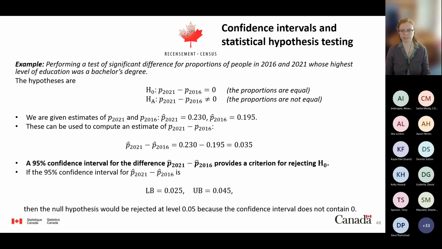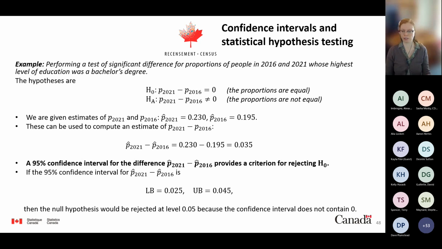So for this hypothesis test, we need to use a 95% confidence interval for the difference. So if we have this interval from the custom request and it has lower bound 0.025 and upper bound 0.045, then to do the test, we just need to check if 0 is in the interval.